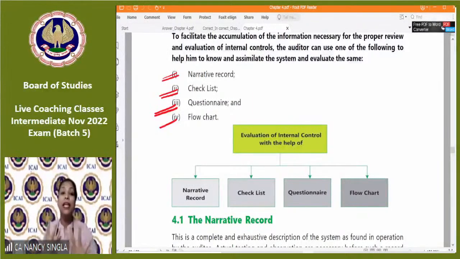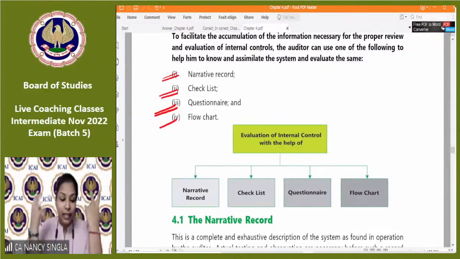what is meant by narrative record? So we narrate a story, that is describing something. So what an auditor does is, when he evaluates the internal control, he might have performed certain testing, he might have observed certain processes. He will write the description of each and everything in detail, in paragraphs.